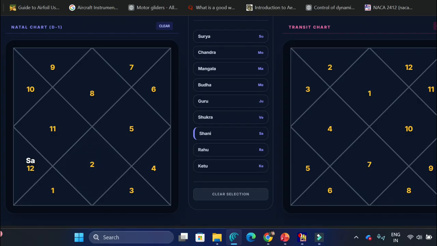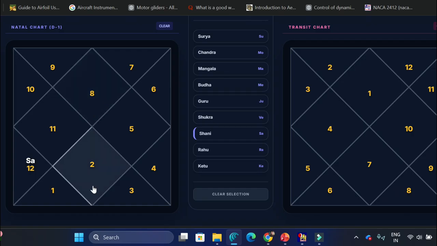If the native is 10 years old, that means since the native was born till now, Saturn must have moved four signs. So take Saturn's four signs back: one, two, three, four. So Saturn must have been in Scorpio at that time. So you have approximately seen that Saturn must be in Scorpio.